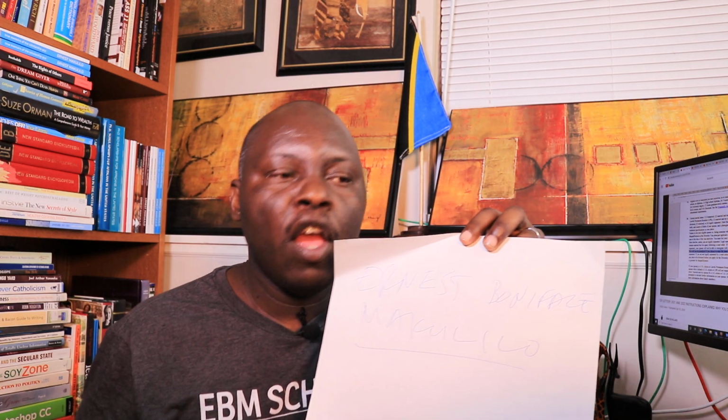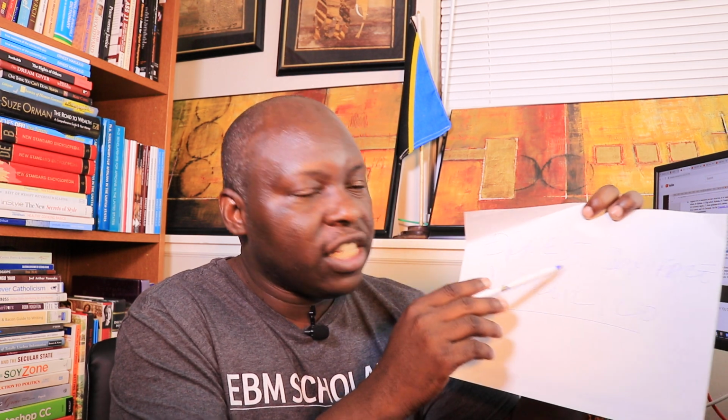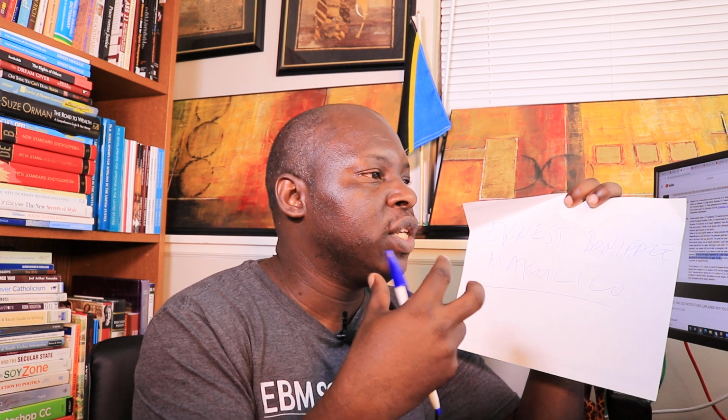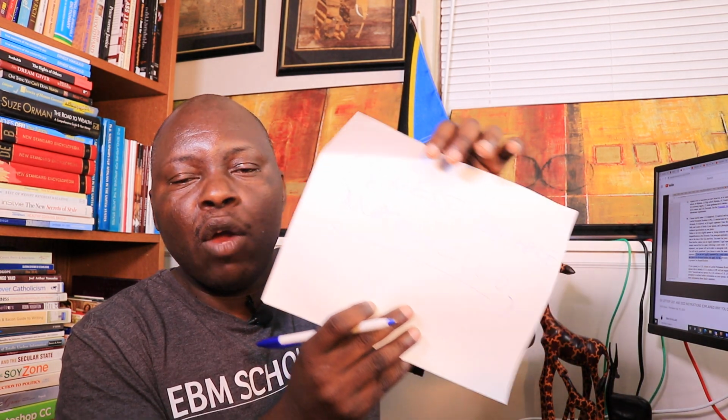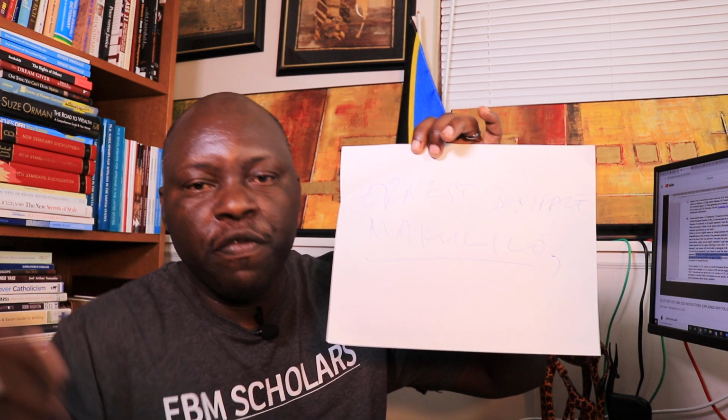When I register my green card name, it will say Ernest, middle name Boniface, last name Makulilo. But when you apply, what happens is, when you see the status, it will say Makulilo, comma, Ernest Boniface.